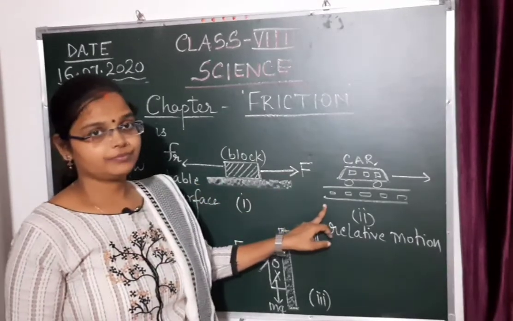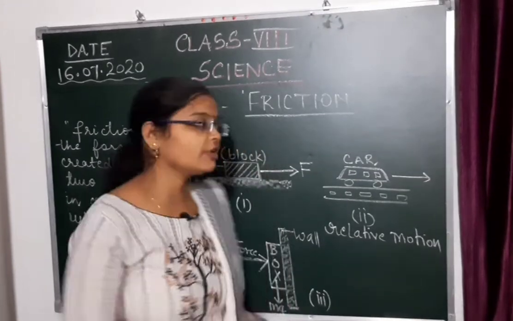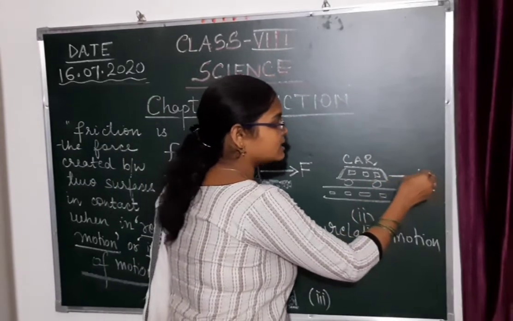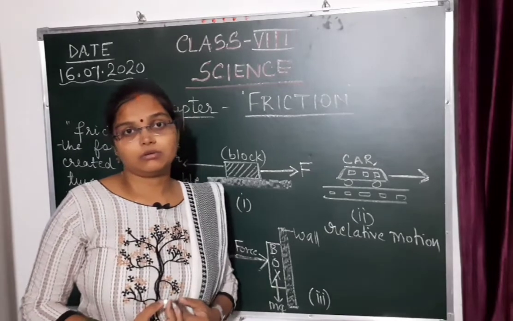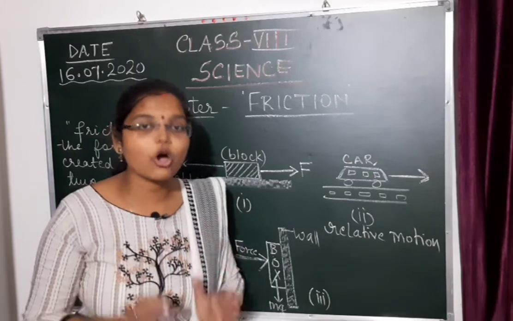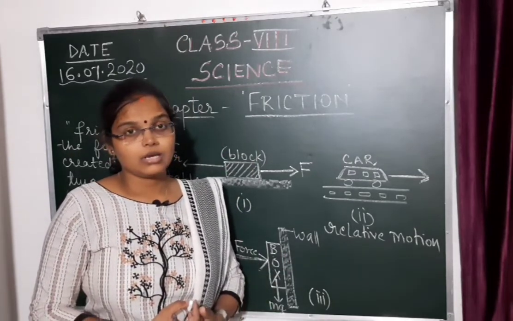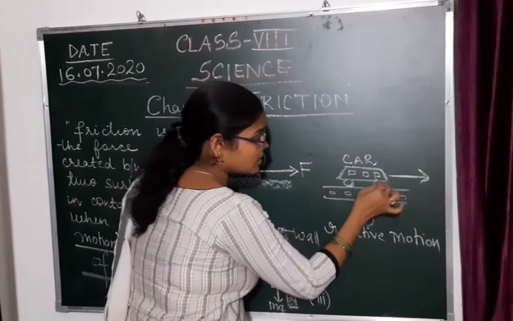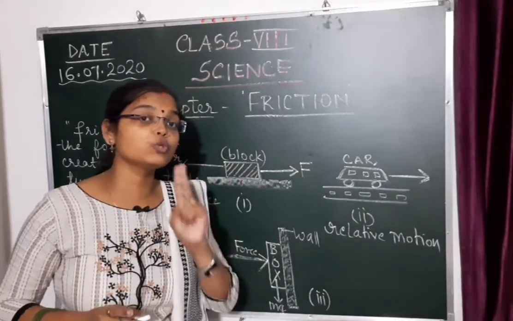Second example, a car is moving on the road with some velocity or speed, and the car is moving in this direction. When the driver applies a brake, what will happen? The car will stop, or the speed of the car decreases. And again, a force will exert between the two surfaces. Now, what will be those two surfaces?